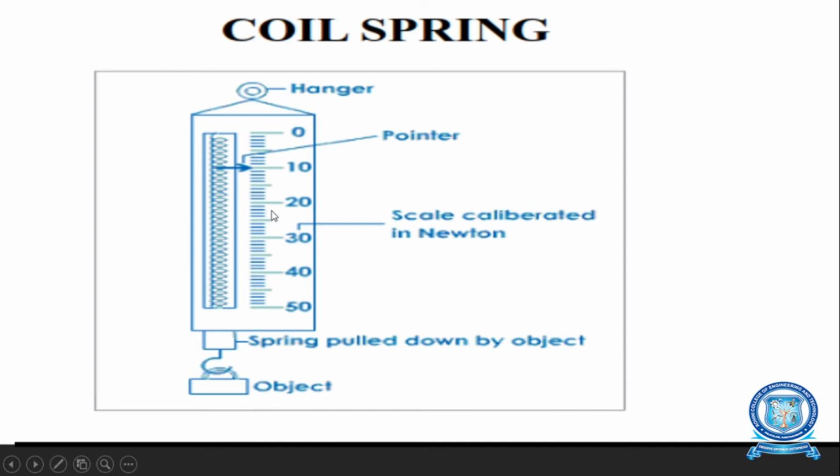The deflection of the spring when a force is applied at the free end is given by the equation 8FD³N divided by GD⁴. With the help of this equation, it is clear that the deflection is a linear function of force and it can be directly used as a measure of force.